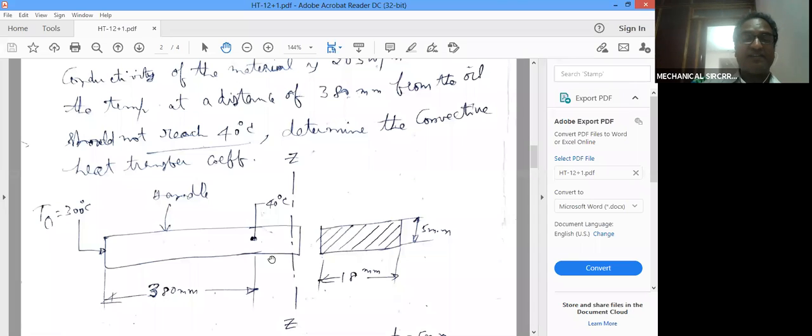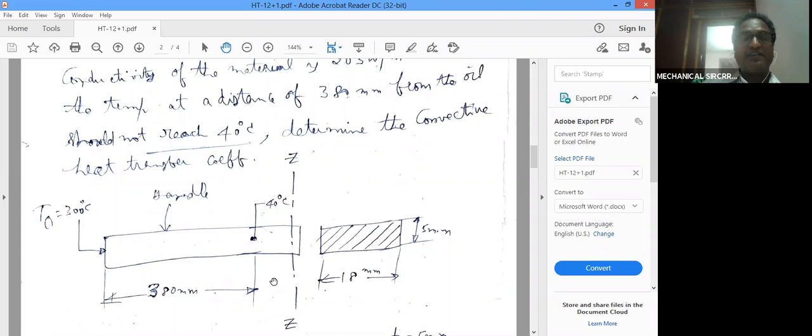At the base, within the oil, the temperature reaches 300 degrees centigrade, T0 equals 300 degrees centigrade. So this is the temperature distribution: 300, 250, 200, 150, 100, 90, 80, 70, finally 50 and 40.